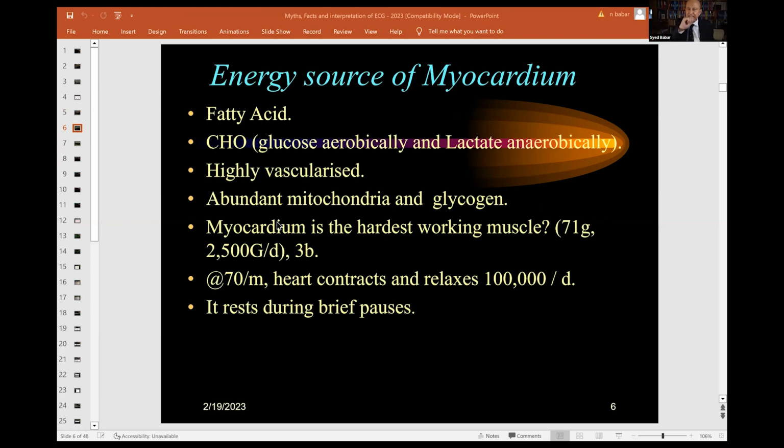So the energy of the myocardium comes from the oxidative mechanism involving the metabolism of fatty acid, which gives most of the energy. It also comes aerobically from the metabolism of glucose and anaerobically from lactate, although that is of a small degree.